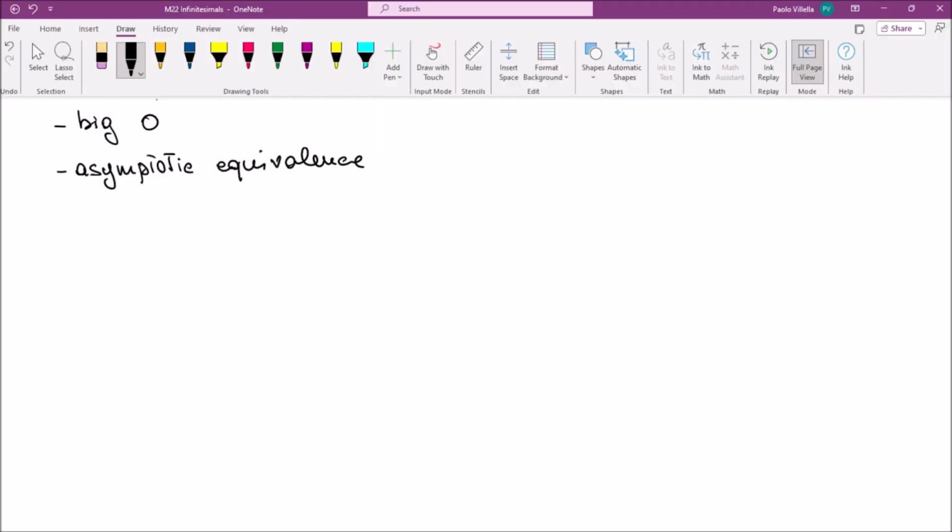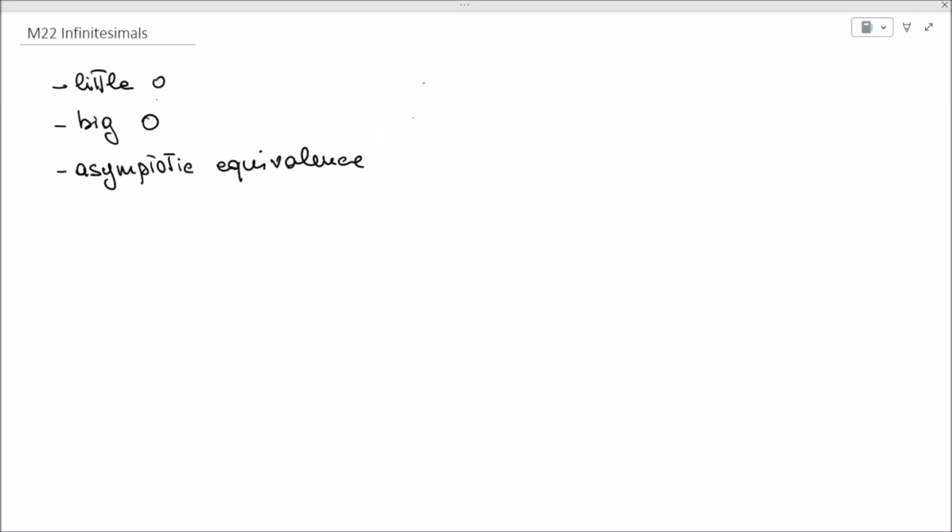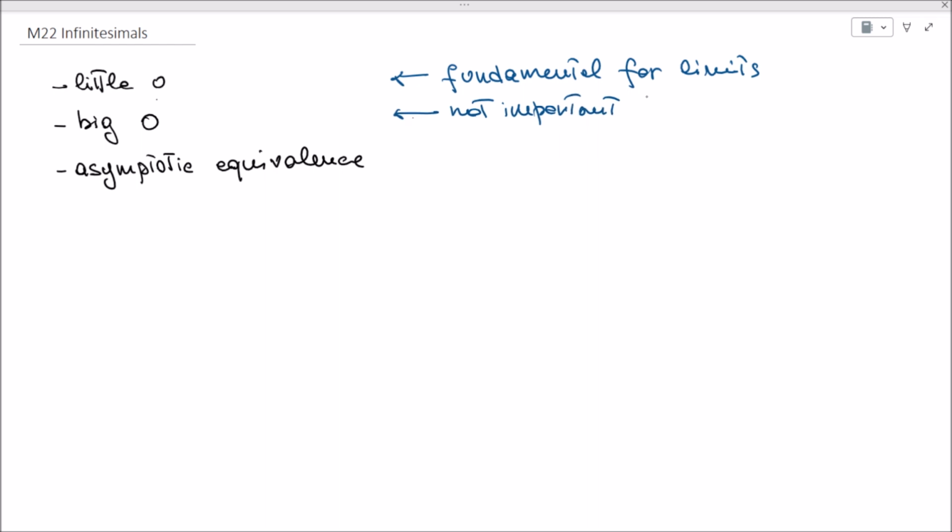Now, the little o is fundamental for limits. The big O is not important now, but it will become important later.